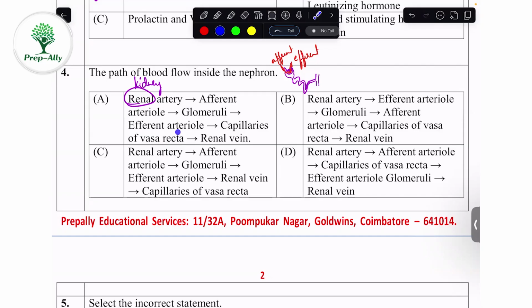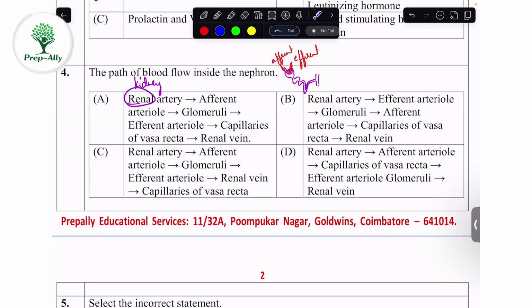Got it? Then through capillaries, they reach the vasa recta. You know, the vasa recta is surrounding the nephrons. They go along the capillaries. And lastly, they have the renal vein, which carries the deoxygenated blood.